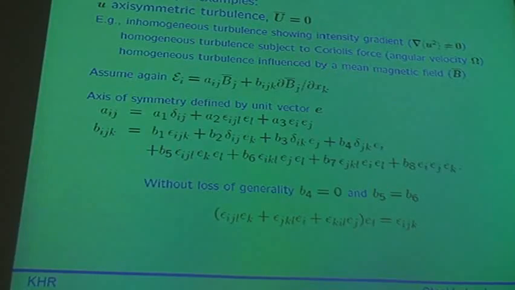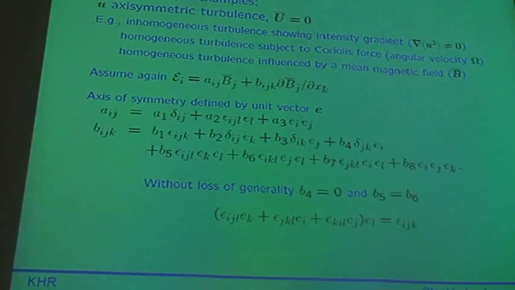And you know, or you should know from mathematics, that a second rank axisymmetric tensor can be represented in this way. It contains again the Kronecker tensor, the product of the epsilon tensor and the preferred direction E, and it contains EiEj. And so also with B, here are already 8 coefficients.